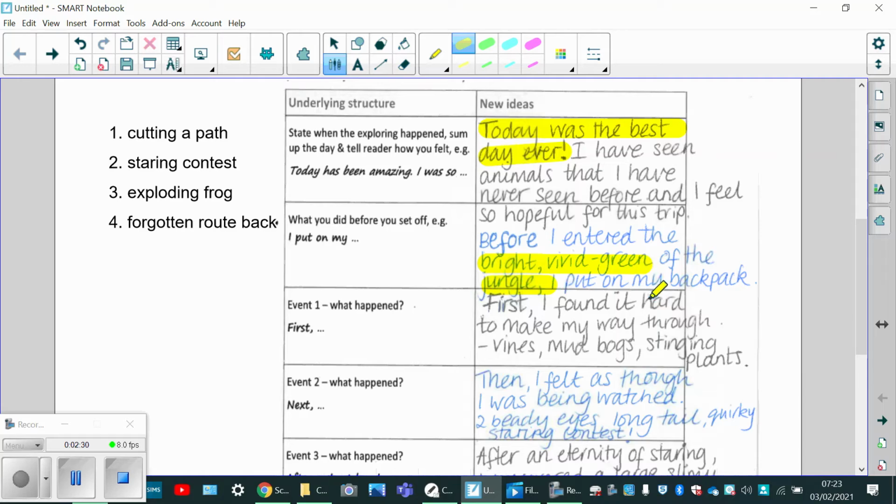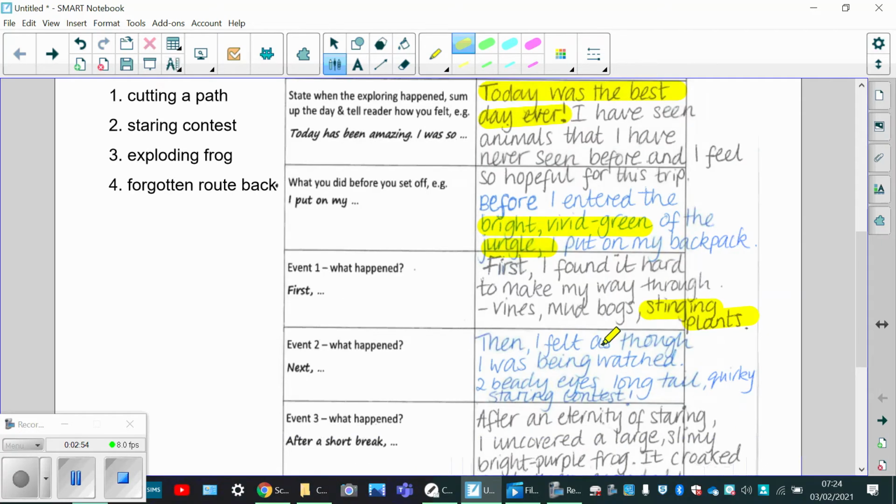Event 1, I wanted to talk about cutting a path, I said, so I've just done a little bit of description. I found it hard to make my way through because of vines, mud bogs and stinging plants. When I come to write my jungle log, I will of course add extra detail to that idea.